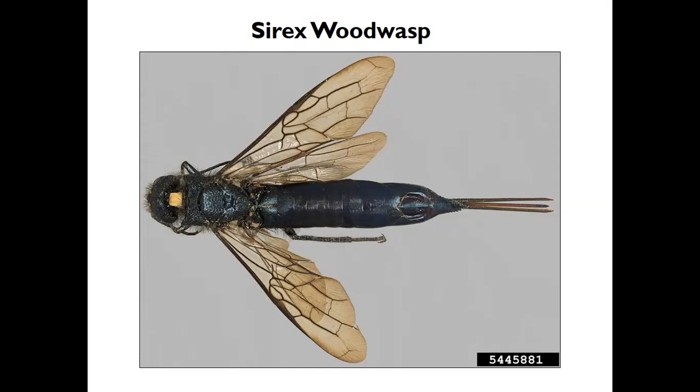It was believed to be shipped into this country in wood packing material. It was first detected in New York in 2004 and spread throughout parts of the Northeast. It attacks trees, especially loblolly and Monterey pines.